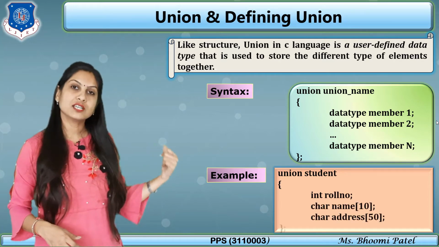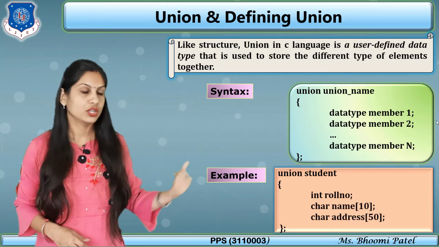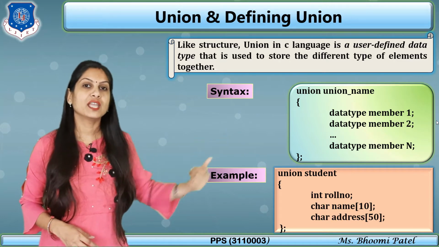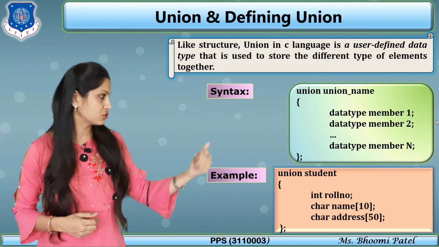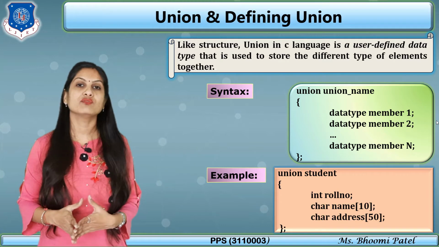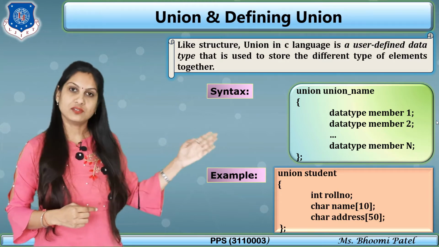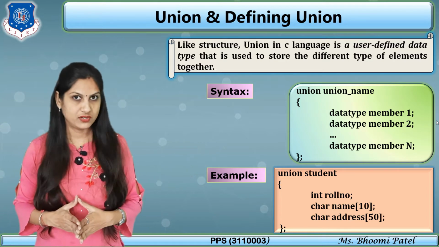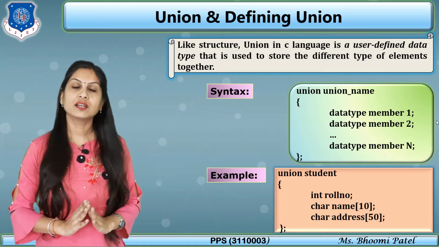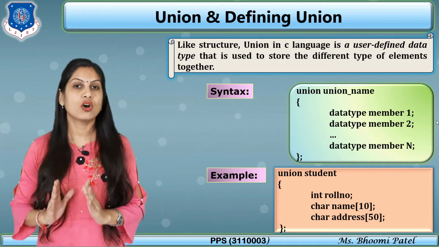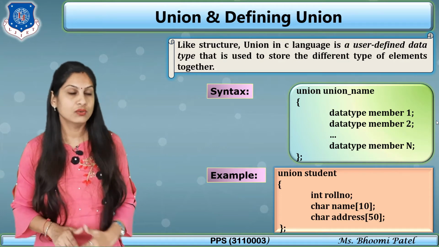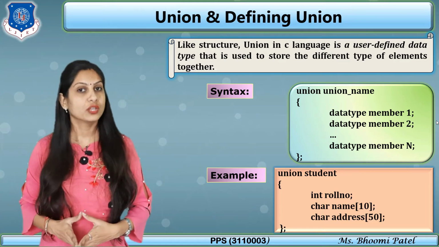Here instead of struct we just put union, then the union name, student, and inside curly brackets we write three members: integer roll number, character name and character address. You can see it is similar to the structure, only the keyword is union.